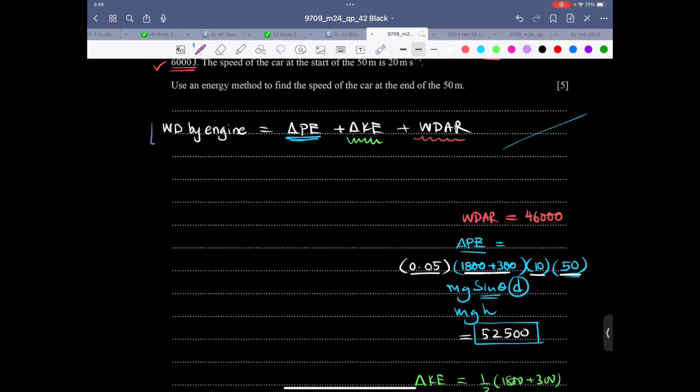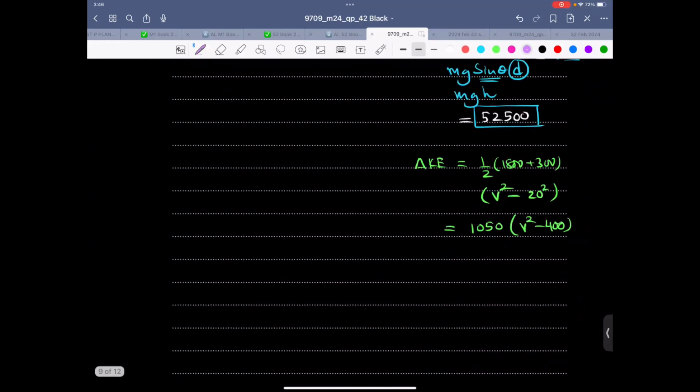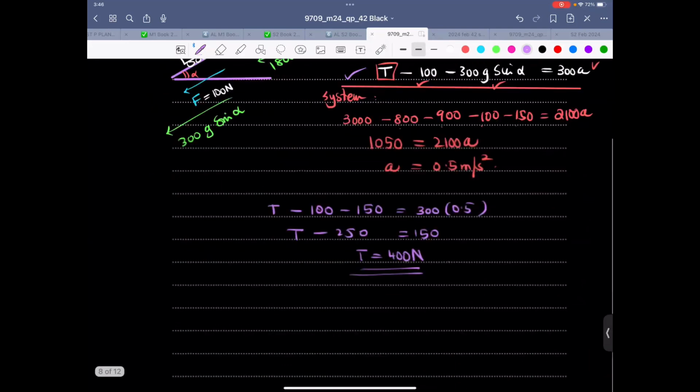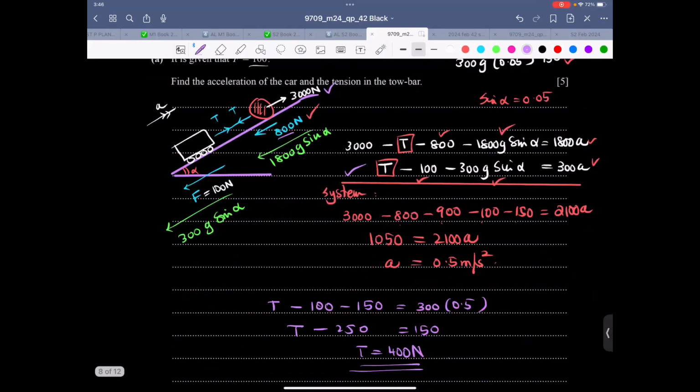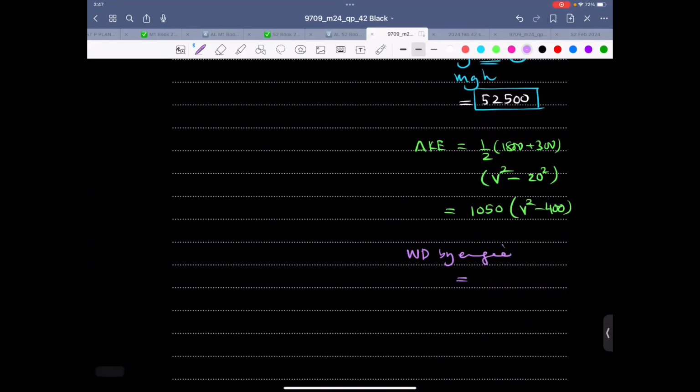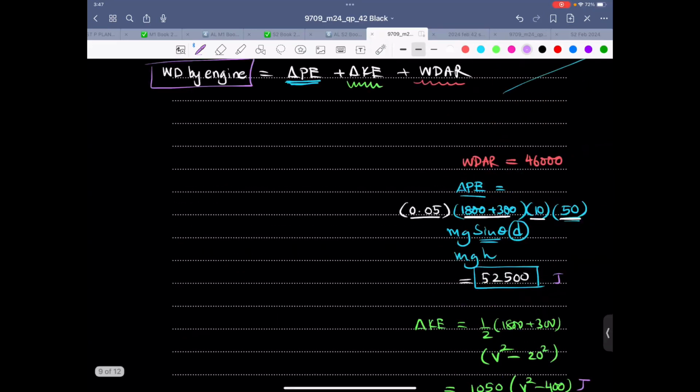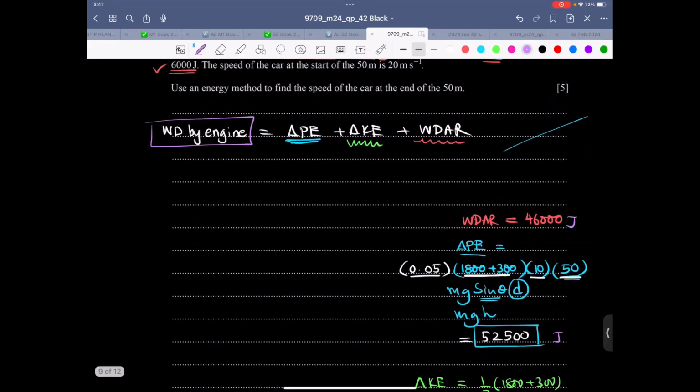And now we are interested in work done by engine. So work done by engine should be the engine force, which is given over here. That is 3000. So that is 3000 into 50. 5 into 3 is 15, and then 4 zeros, so 150,000 joules. So all this thing is in joules. And now place things where they belong.